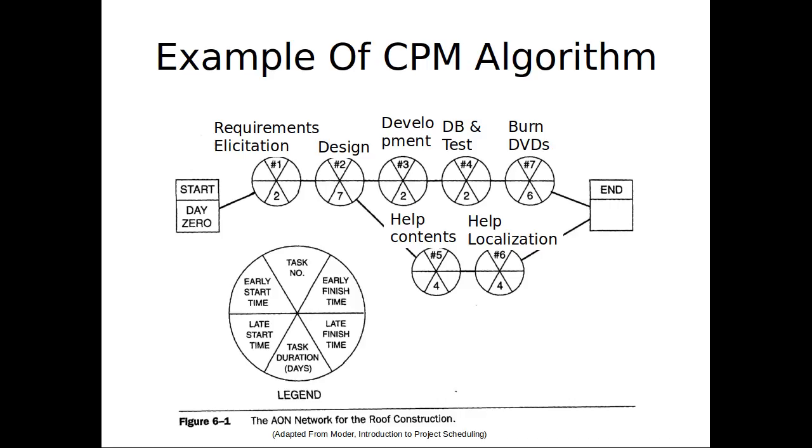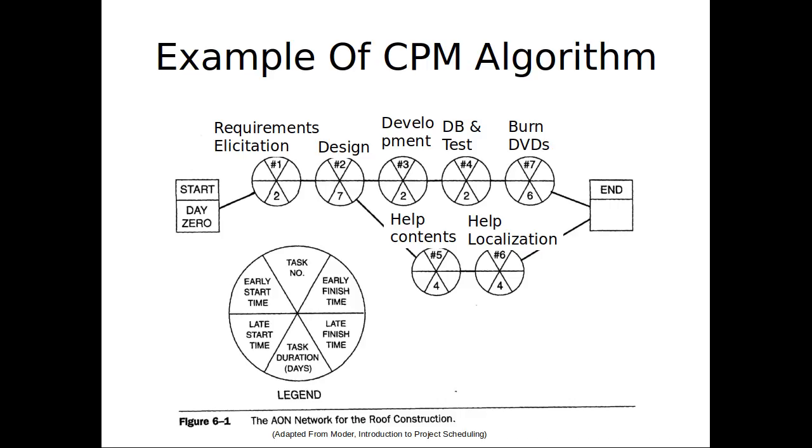When's the latest it can finish without delaying the whole project? 9. It has to finish by 9 in order to allow what to occur? To allow number 3 to start up.